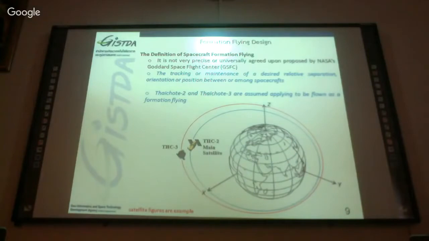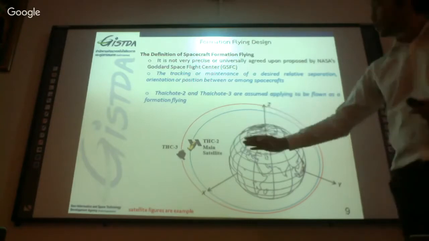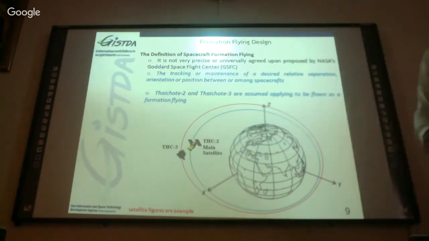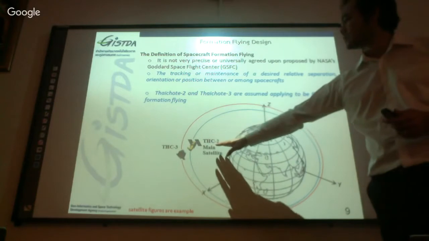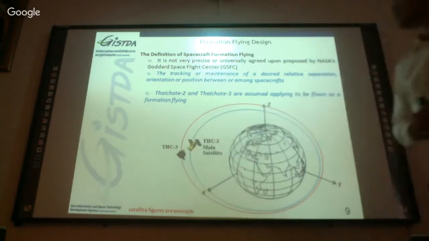Okay, we go to the scientific story about the mathematics of formation flying design. As I said, for THEOS-2 we aim to have 2 satellites. This one is threshold 2 and this one is threshold 3.